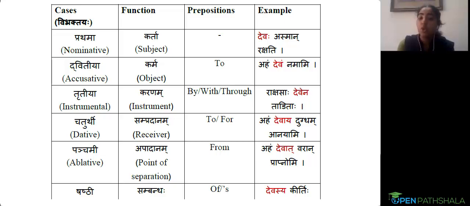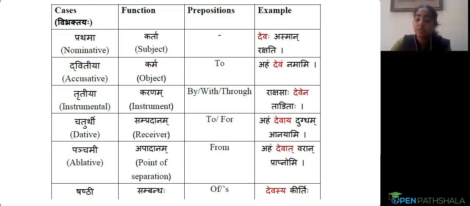So God becomes the instrument of punishing the demons. So the word used here, Devena, is your Tritiya vibhakti or instrumental case.